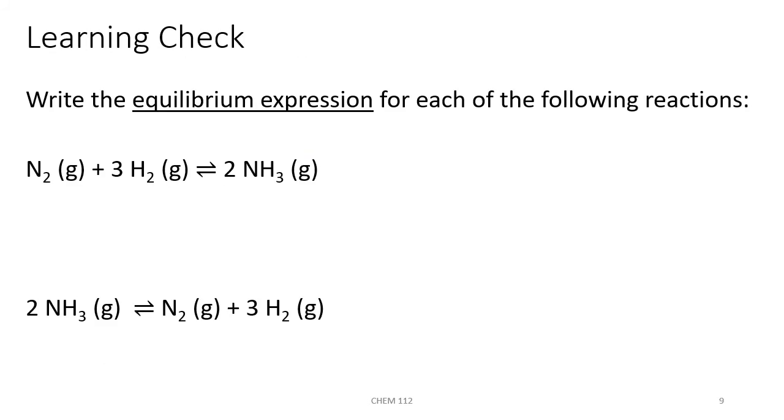Write the equilibrium expression for each of the following reactions. In the first one, we have nitrogen plus 3 moles of hydrogen forming 2 moles of ammonia. So we're going to say K sub C is equal to the concentration of our products, which is just the ammonia, NH3, and we want to raise it to the balanced equation coefficient, so the ammonia will be squared, and that'll be over our reactants.